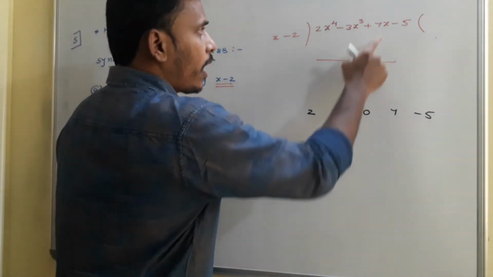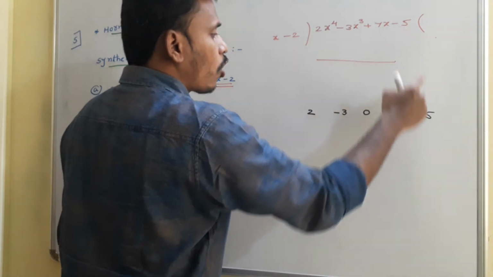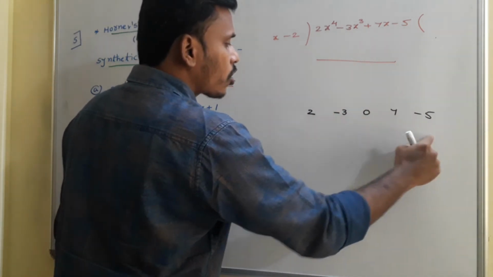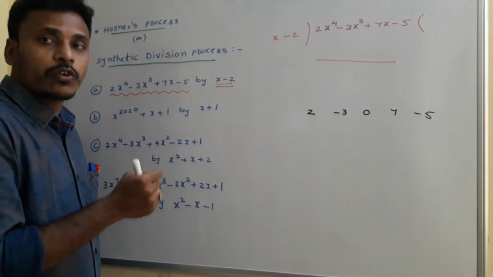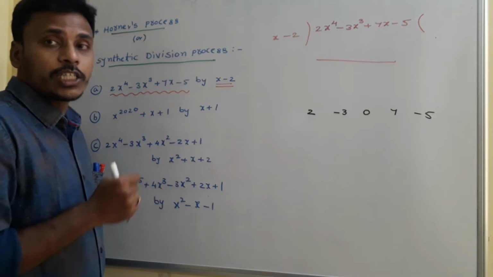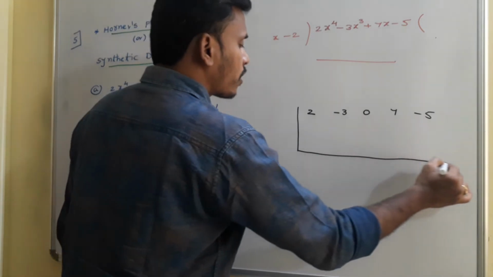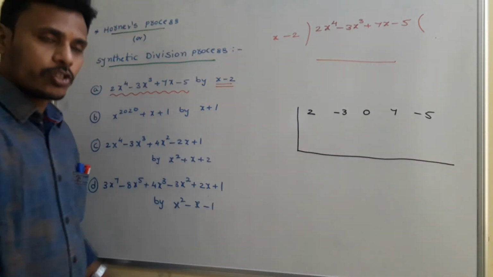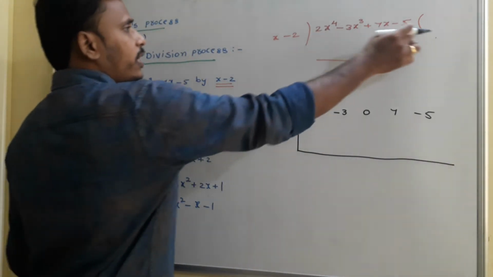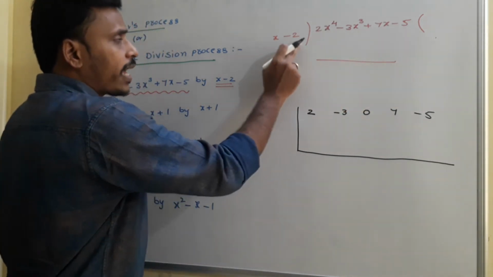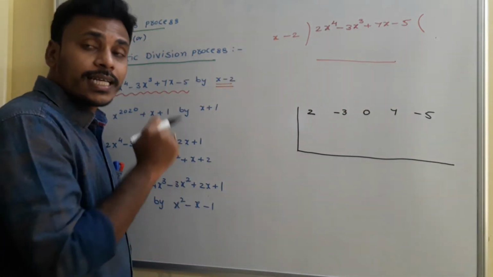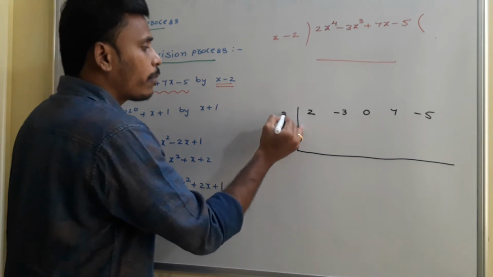Then the x coefficient is 7 and the constant is minus 5. Then, as the notation of synthetic division, use this symbol, and since x minus 2 is the divisor, you take the number 2 here.